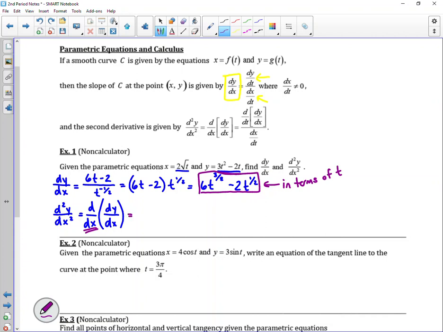So we'll just take the derivative of this, but this will be, what is this? 6 times 9? 9t to the 1/2. And then this will be times dt dx, because we want the derivative in terms of x, not in terms of t. And then minus, this would become t to the negative 1/2 dt dx, right?